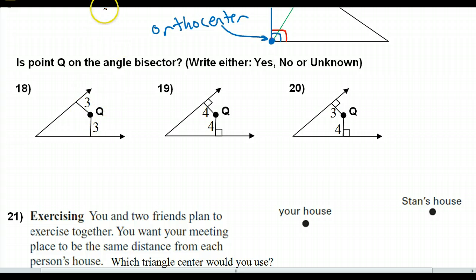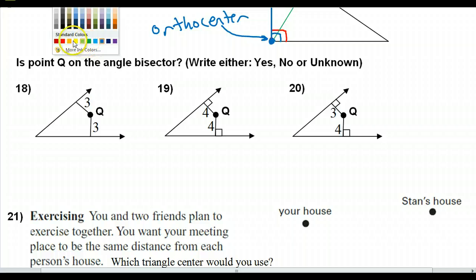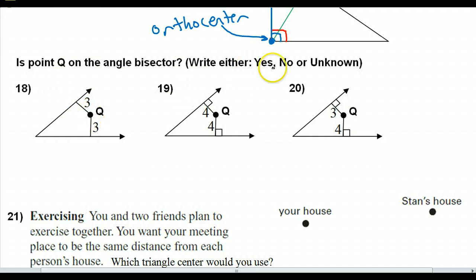So that's why for number 18, is this on the angle bisector? Yes, no, or unknown. For number 18, we have to say unknown. These distances are marked the same, but they are not perpendicular distances.